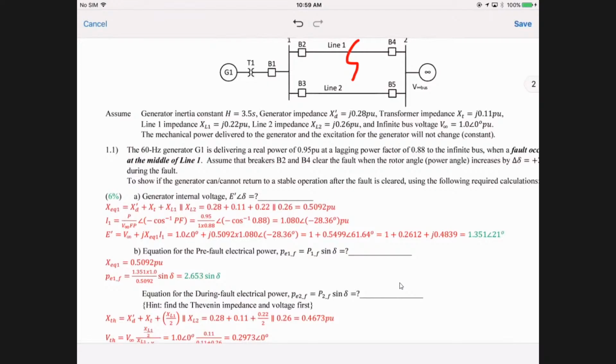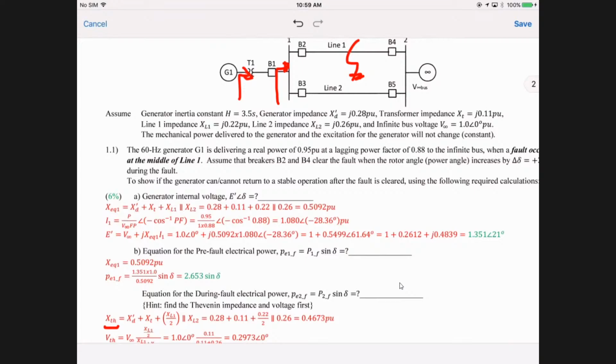You have a fault here. Find the difference. So the power, you find the equivalent impedance looking from here, looking from there.